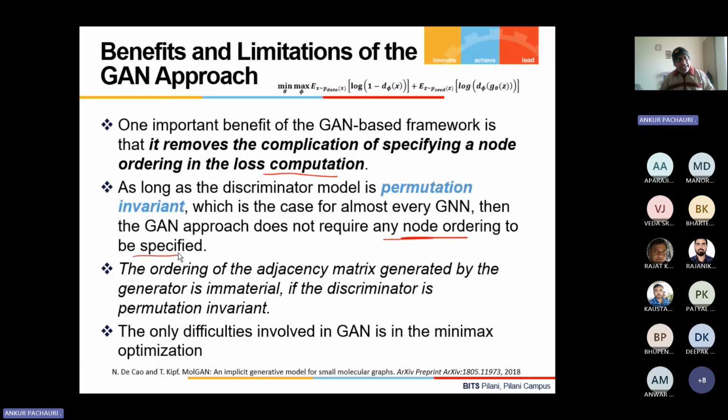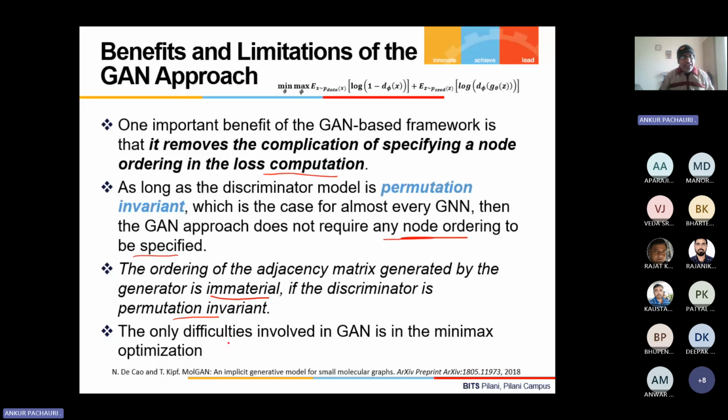So the ordering of the adjacency matrix generated by the generator is immaterial if the discriminator is permutation invariant, even with a small change. You can give them in any orientation, it does not require it.